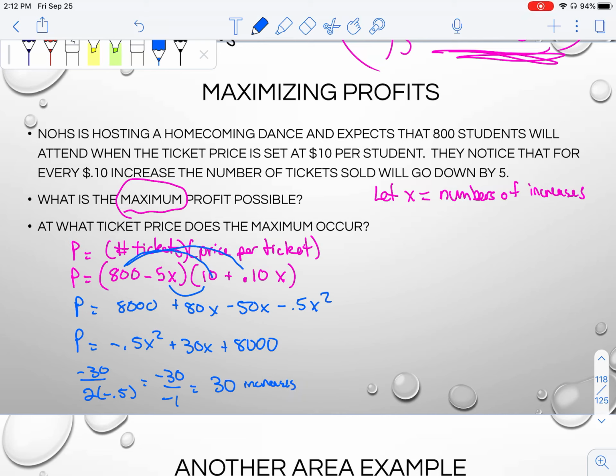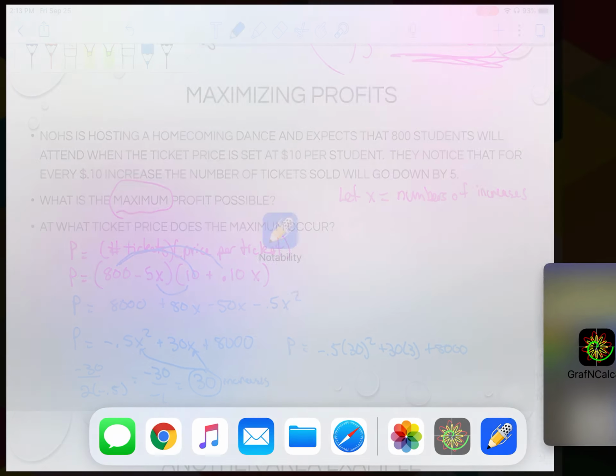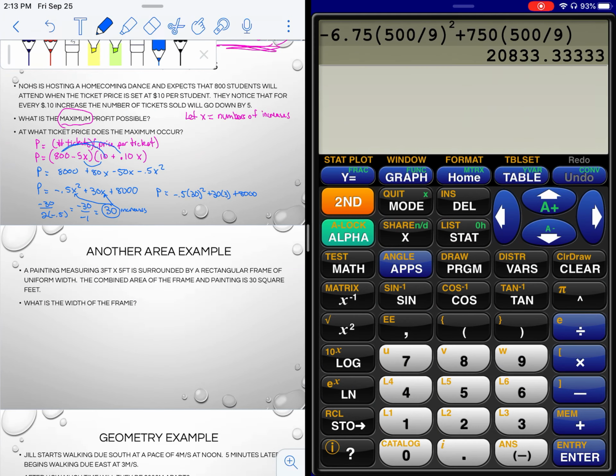Let's see what 30 increases will do to our profit. So we're going to substitute 30 back in for x to find our maximum profit. So we'll type that in.